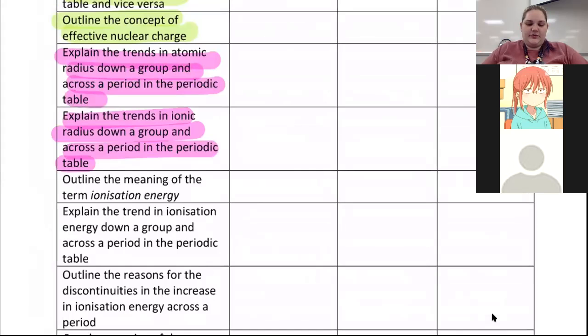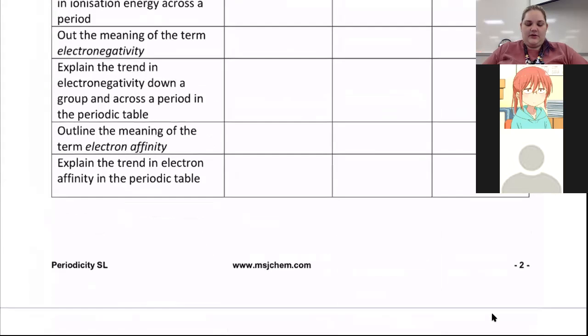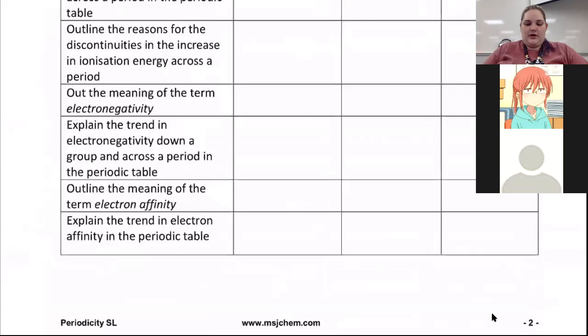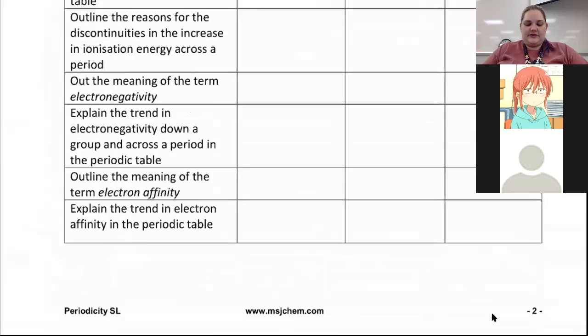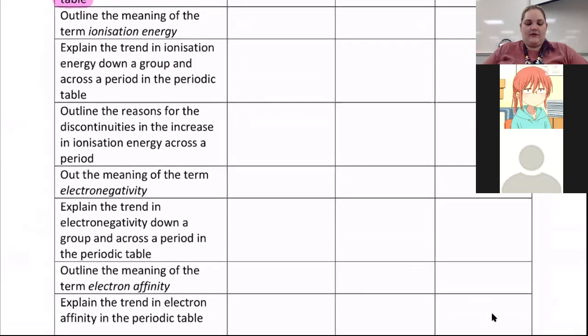Next week is when we'll be getting into the next things like ionization energy, electronegativity, and electron affinity. So all the information on this chart on page 2, we'll be done with after next class. And the rest of it we'll be doing later next week and after that.